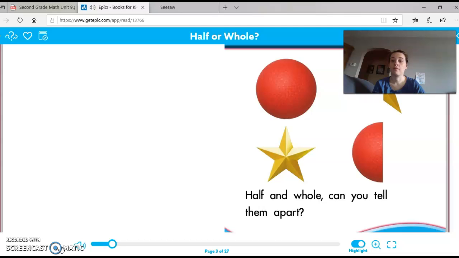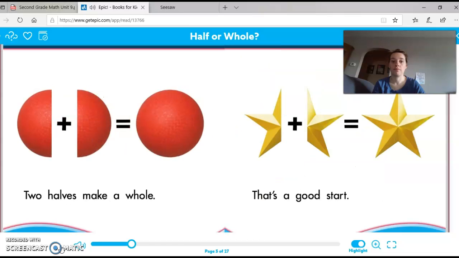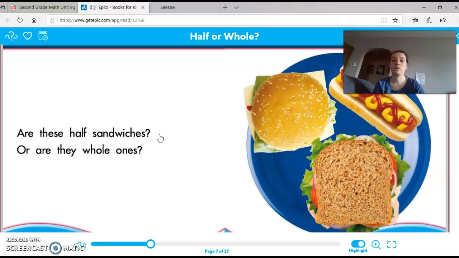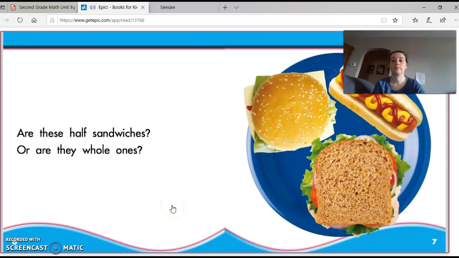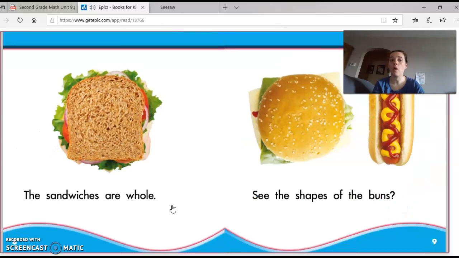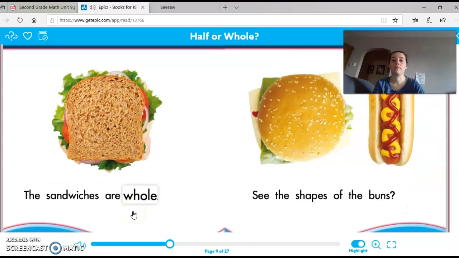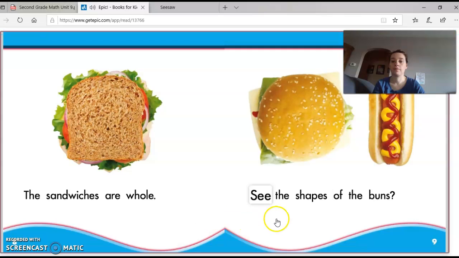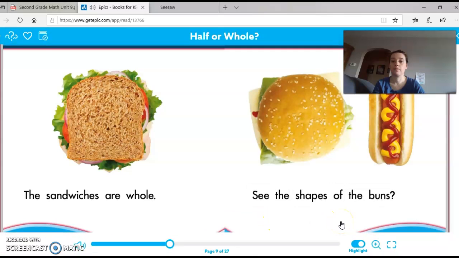Half and whole. Can you tell them apart? 2 halves make a whole. That's a good start. 2 halves make a whole. Are these half sandwiches? Or are they whole ones? Look at the sandwiches. Are they half or whole? The sandwiches are whole. See the shapes of the buns?